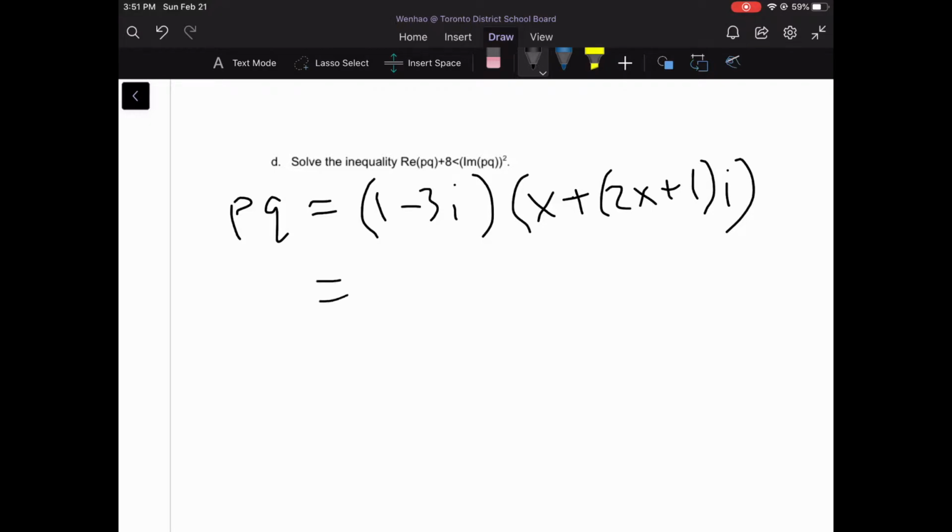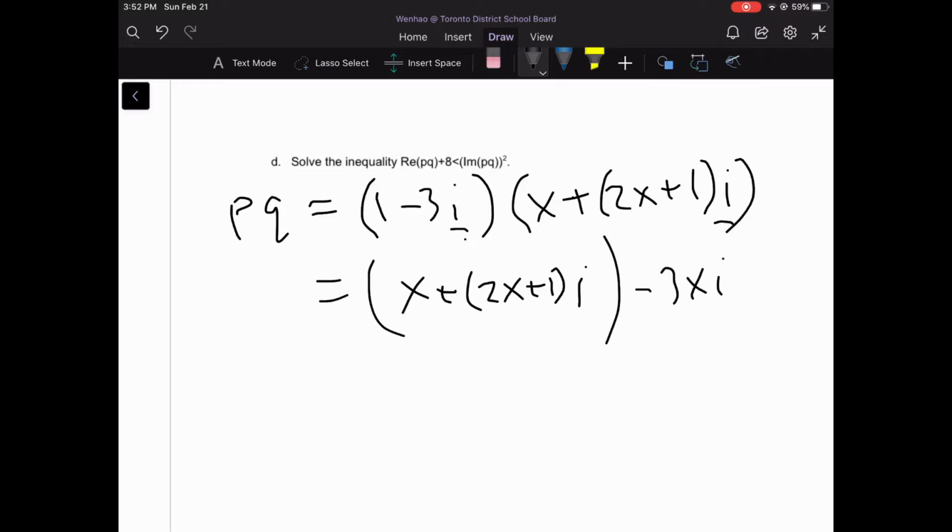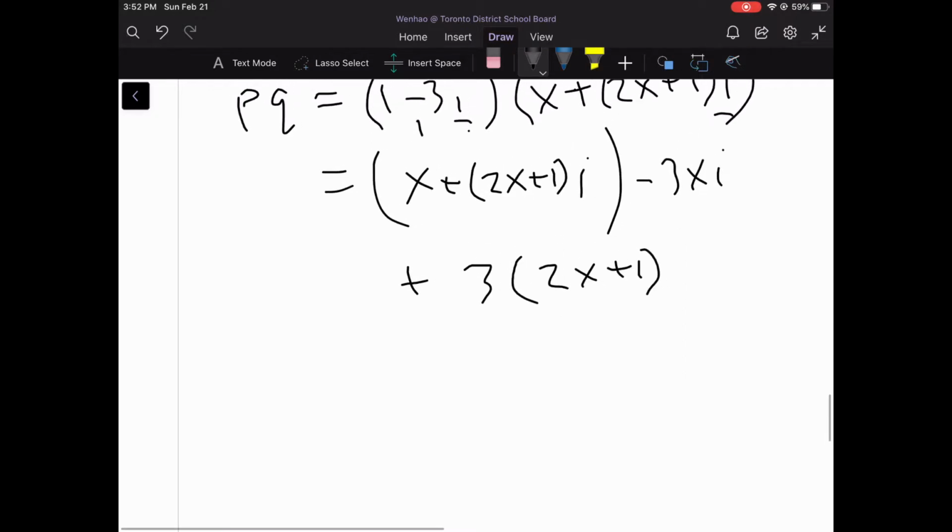We get x plus (2x plus 1)i, and then minus 3xi. i times i is negative 1, and this is negative, so we get positive 3 times (2x plus 1). Alright, let's combine into real and imaginary parts.